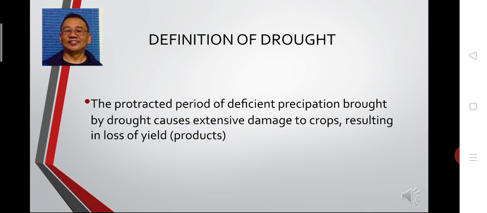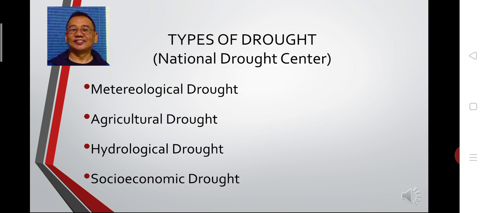The protracted period of deficient precipitation brought by drought causes extensive damage to crops, resulting in loss of our products. Yung mga pananim. Okay, so again and again, pag walang precipitation or thunderstorms or rains sa ating lugar ay nagkakaroon ng damage sa ating mga pananim.